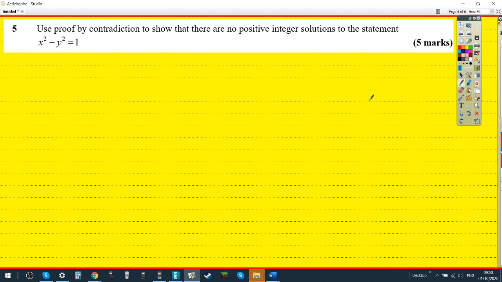We did one like this before. You were pretty good at it. Is it worth doing? Probably, yeah. So do I need to make the assumption that there are positive integer solutions to the statement?